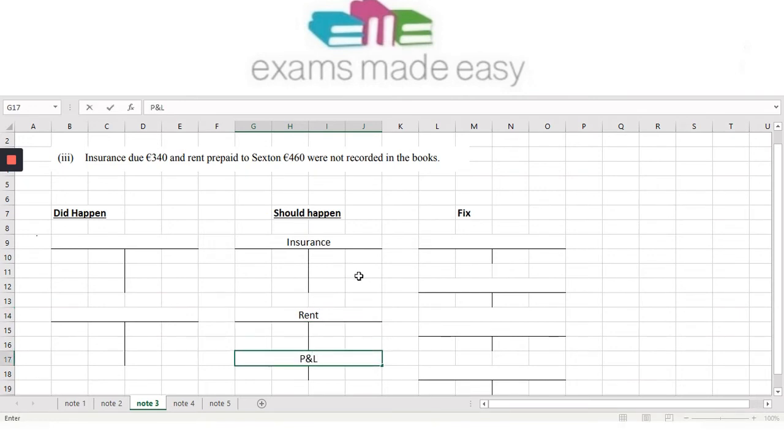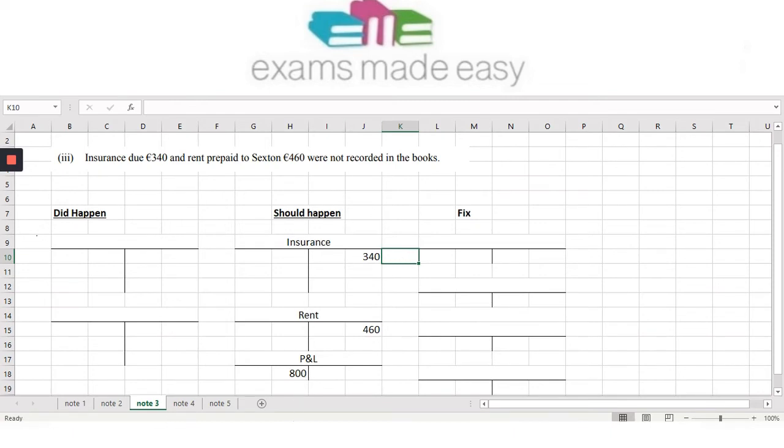So in the P&L we will have a debit of the total, which is 800. The insurance we will credit 340 and the rent we will credit 460 because these are both current liabilities.